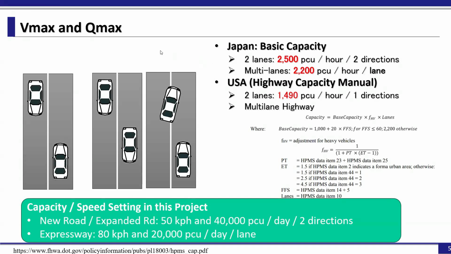Why? Yes, you can see there, on multi-lane roads the private car can pass other cars, and on two-lane roads it cannot. So the difference is reflected in the capacity of each section.